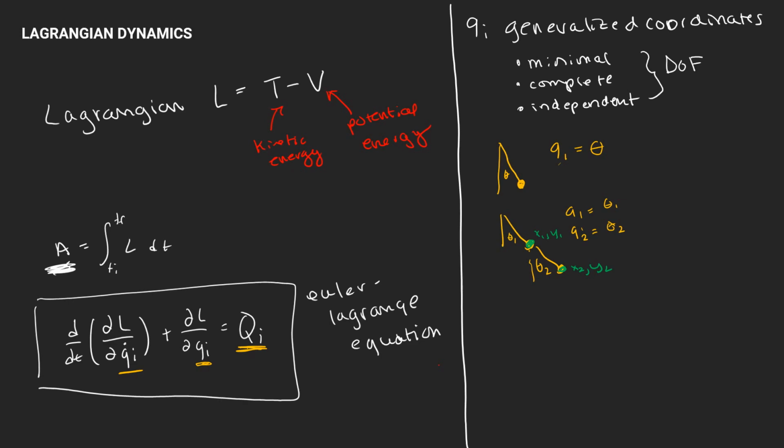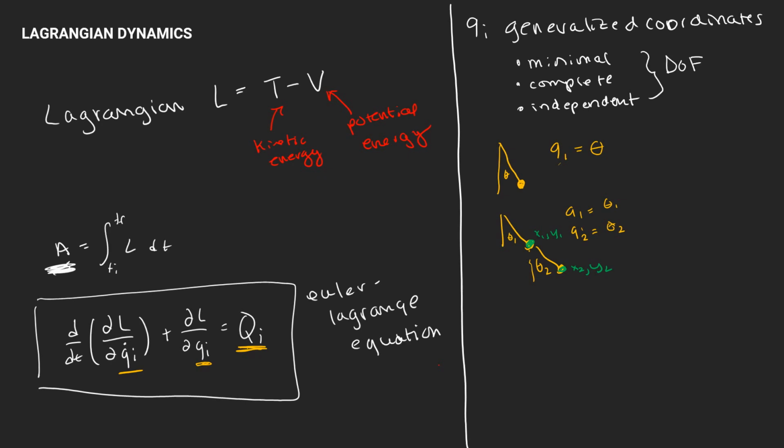It's complete, but they're also not independent of one another. So these x1, y1, x2, y2 would not meet the criteria. This would not be a set of generalized coordinates. But like I said, we've been practicing for quite a while trying to identify coordinates that could easily be used as a set of generalized coordinates.